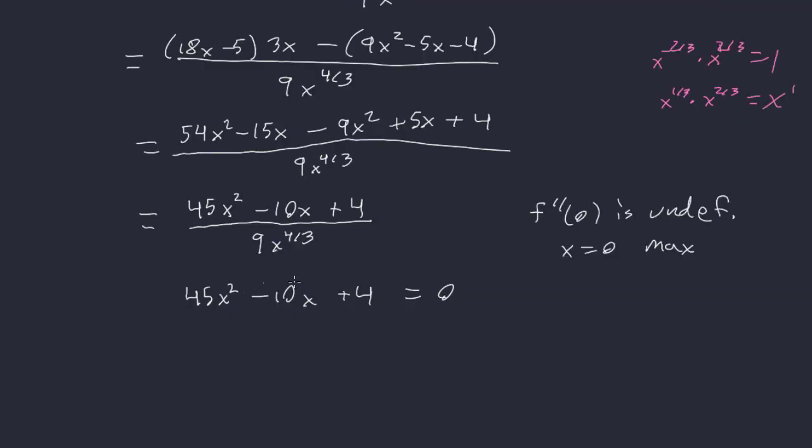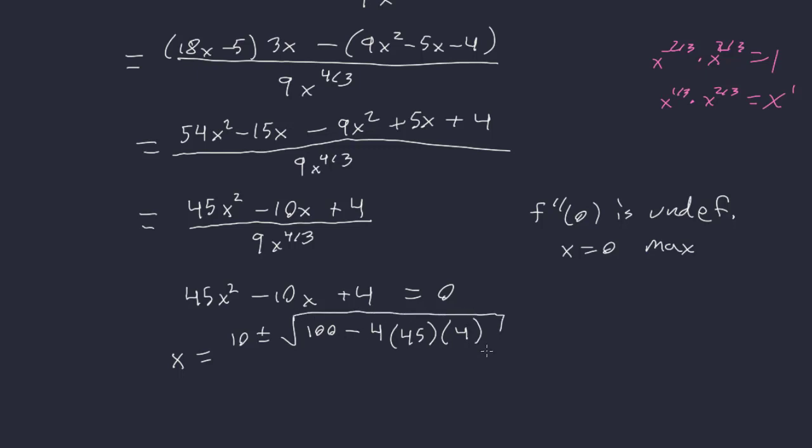And that has to do with just the way this looks. So, for example, if we just use the quadratic formula, negative b, which will be 10, plus or minus the square root of b squared, which will be 100, minus 4ac, so that'll be 4 times 45 times 4.